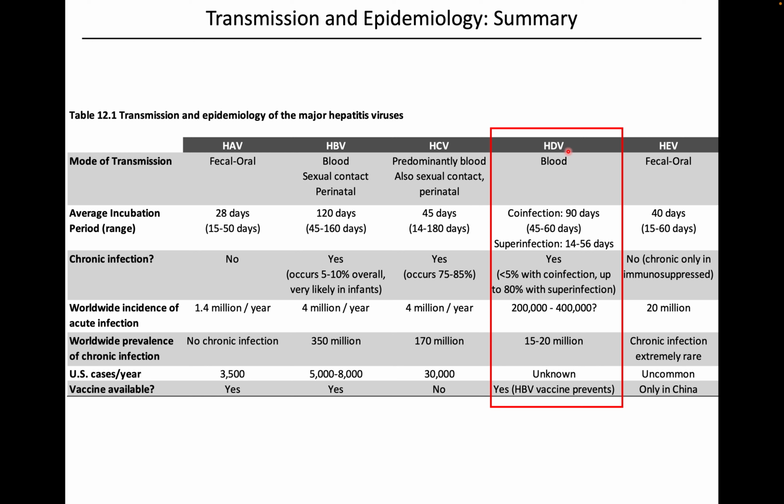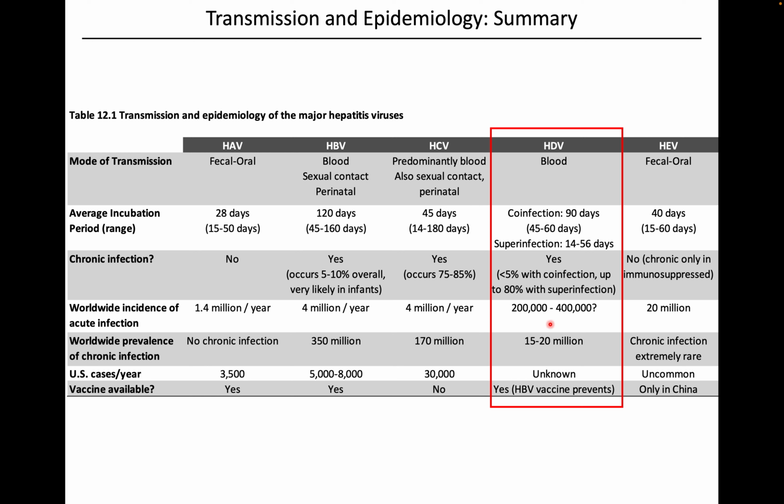Hepatitis D, we're going to stick with the bloodborne transmission mode. In this case, you've got an incubation period of about 90 days on average. In the case of superinfections, which we discussed earlier, it's a little bit shorter. And this one, you do get chronic infections at a very low rate, but as I mentioned, much higher, to 80% if you have a superinfection.